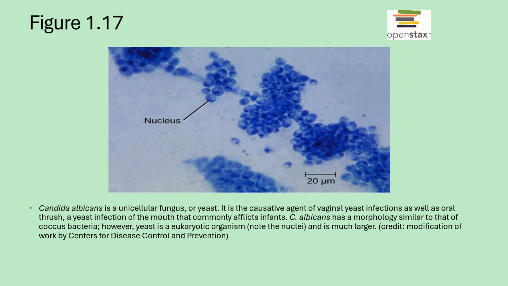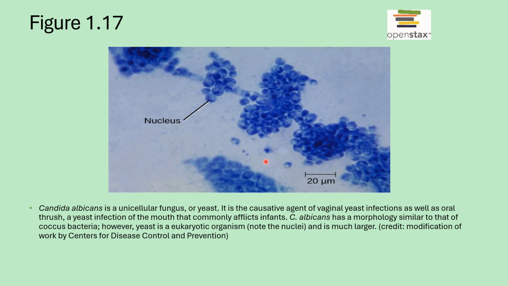So this is showing a picture of Candida albicans, which is yeast. It can cause several different types of infections in humans, but you can see it has these little yeast, which typically are small little circles. Here are some individual ones right here, and then they tend to bud when they reproduce.